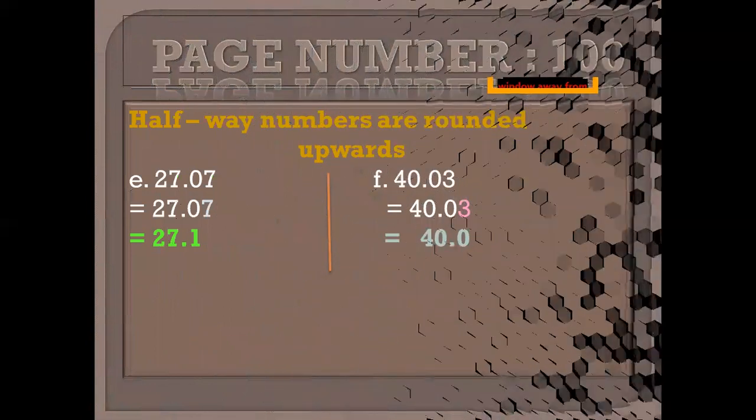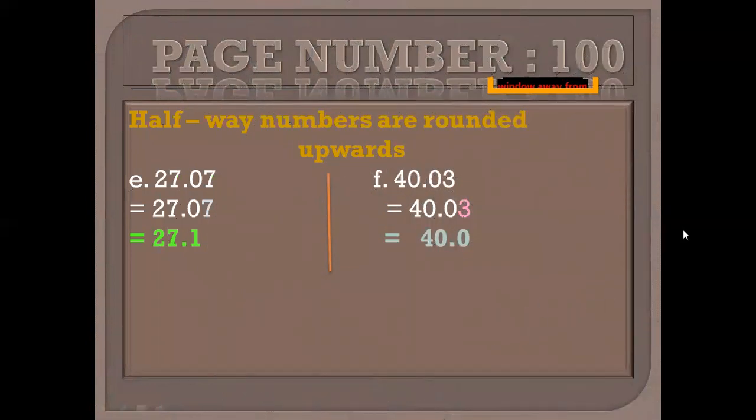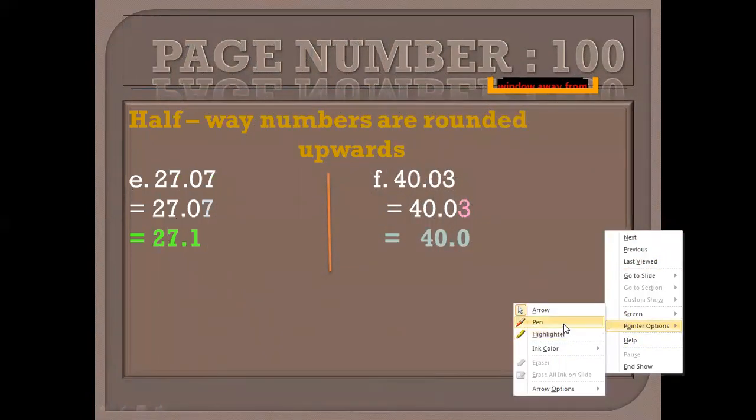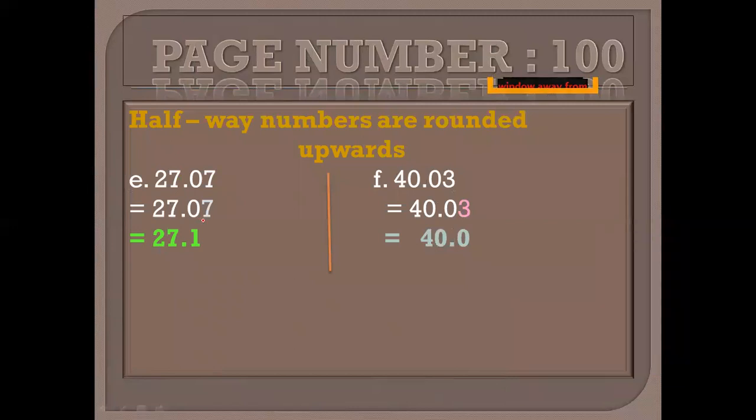Part E is 27.07, and again we see that 7 is on the hundredths place, so 0 will be increased by 1 and 27.07 will become 27.1. The last part of this question is 40.03.